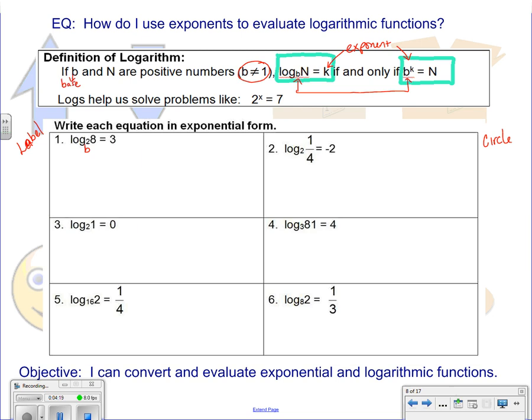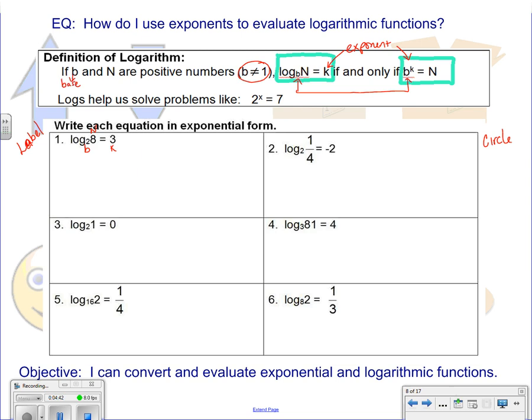So 2 is what our b is. When we take the log of a number, it always equals an exponent. And in this case, our exponent, we're using the letter k. And then, of course, whatever number we're taking the log of, that's our n. So this is what I mean by we're going to label.